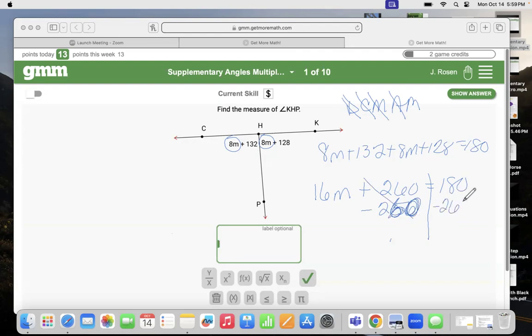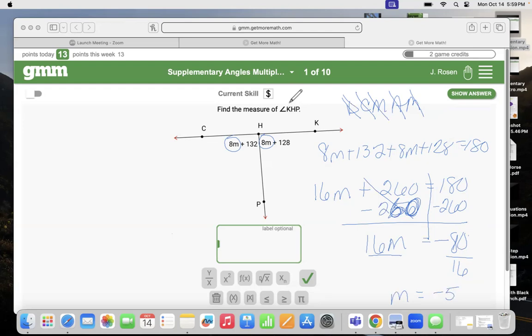So minus 260. And that means 180 minus 260 is negative 80. And then we're going to divide, because that's what this is, multiply or divide by 16. So negative 80 divided by 16 equals negative 5.